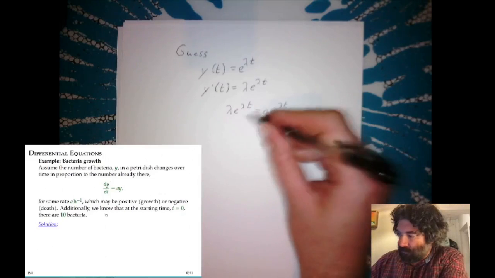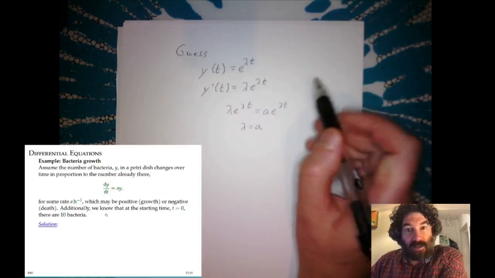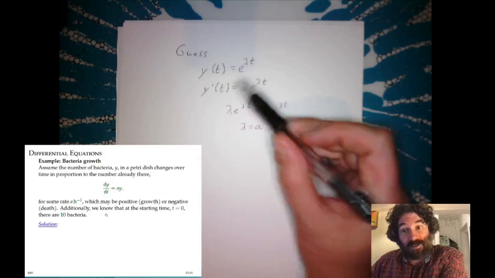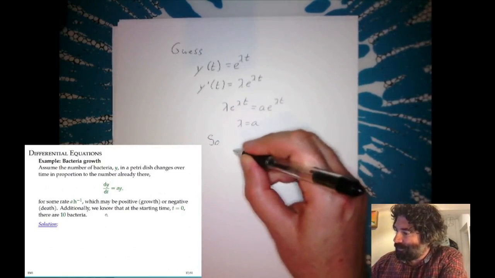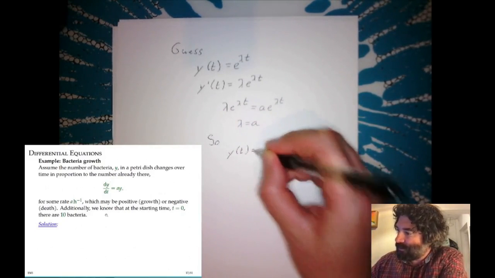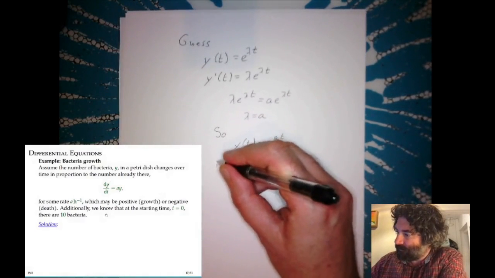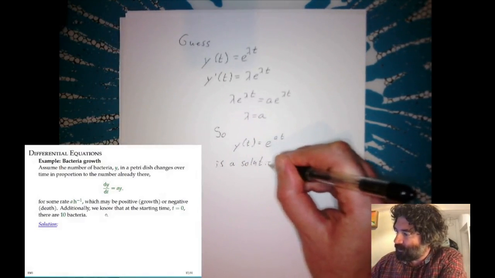And this is true for all t if λ equals a. And so y is a solution of the differential equation if y equals e^(at). And so y of t equals e^(at) is a solution of the ODE.